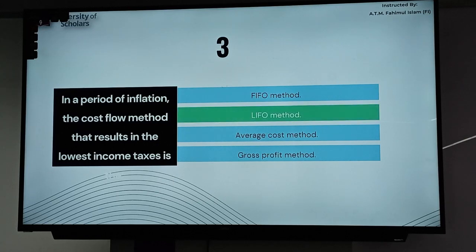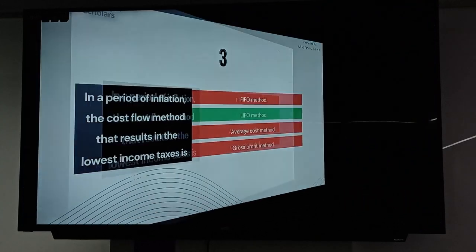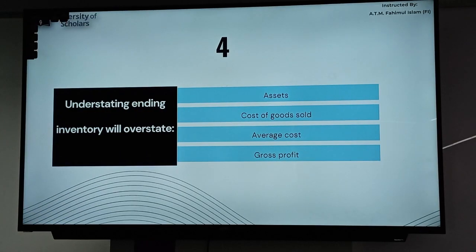Shouldn't we use the LIFO method? We should, because releasing the last-in products first will be more practical. The others are wrong.